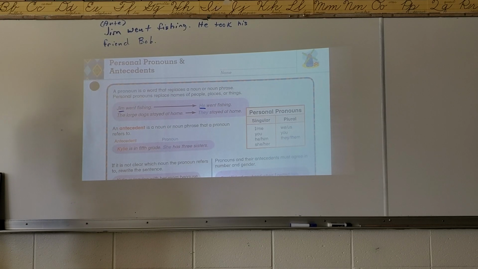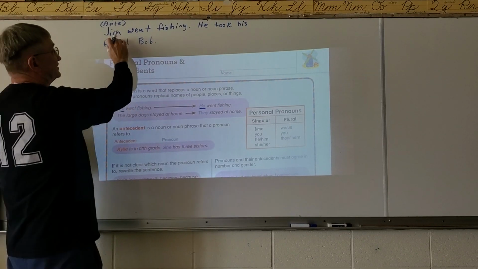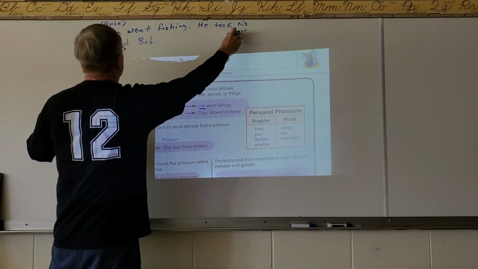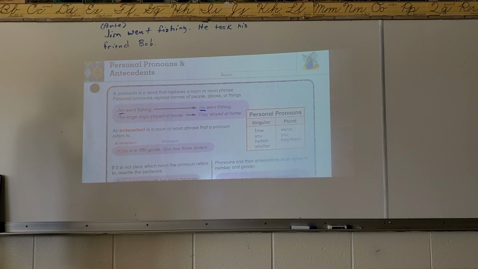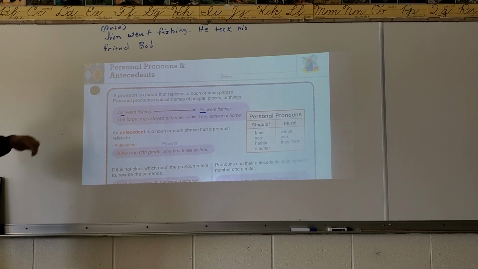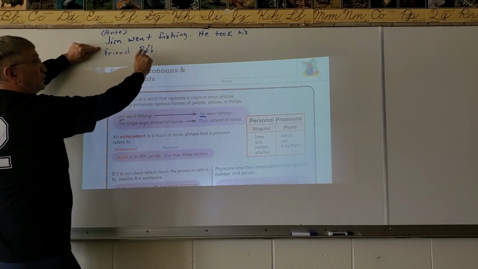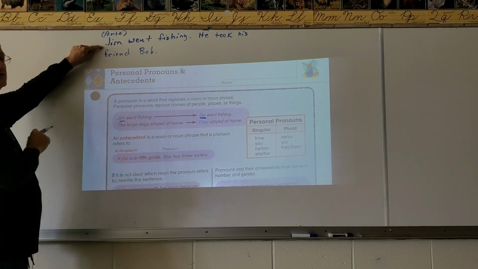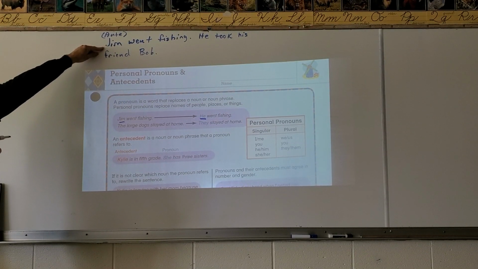They all tie together into one, reflecting back to the person's name. To break up the redundancy of saying Jim went fishing, Jim took Jim's friend Bob. That's redundant. That's not good writing. So whenever you take the place of something with a pronoun, it refers back to what you're talking about in the original sentence, in the original paragraph as well.